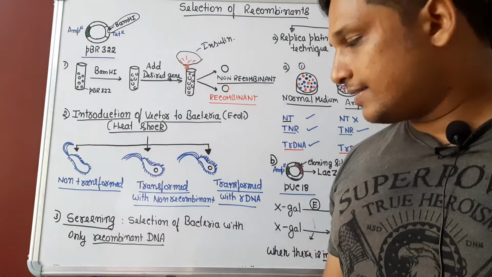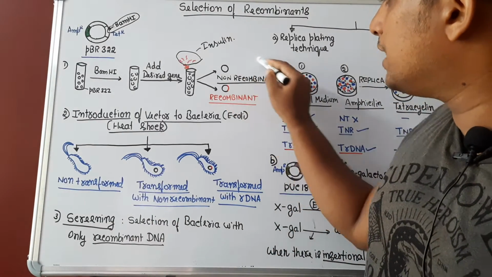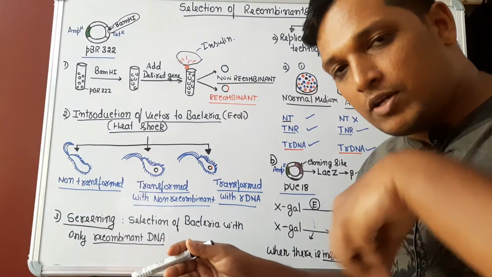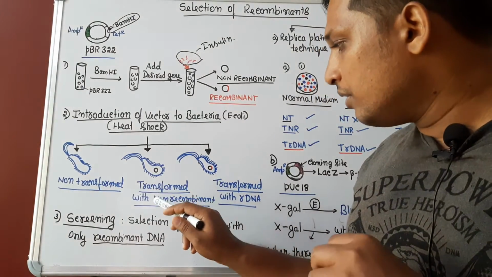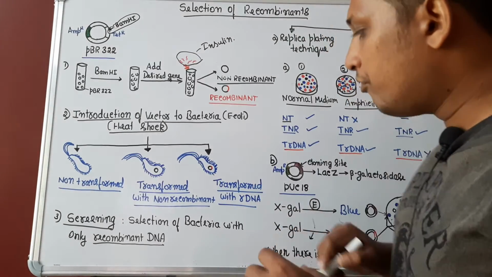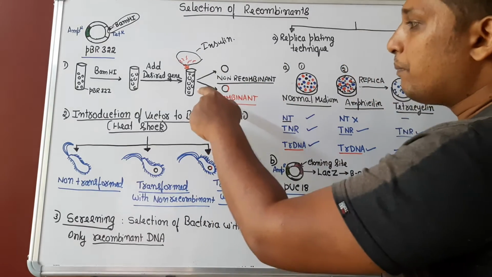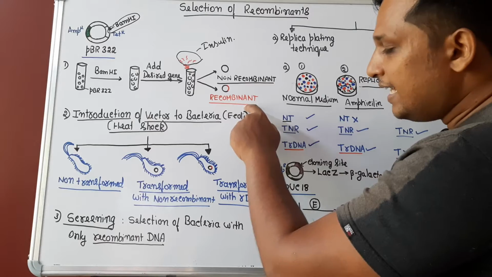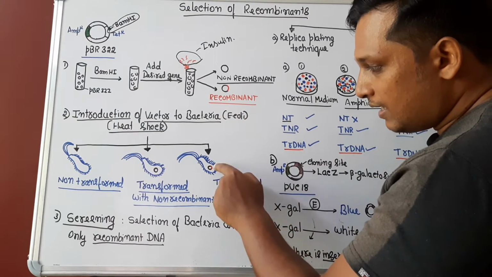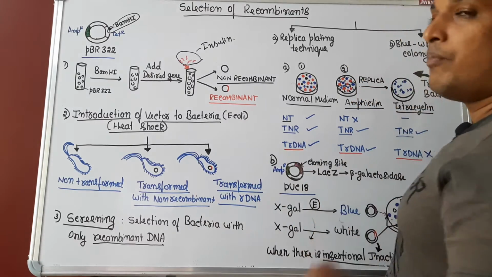Second type of E. coli cell, it has taken the plasmid but a non-recombinant plasmid it has taken, hence it is a transformed bacteria because it has taken something, but with a non-recombinant plasmid. Third type of E. coli cell is the one which has taken the plasmid which is recombinant, having the foreign gene. Here it is shown. Hence, that particular bacteria is known as transformed bacteria with recombinant DNA.